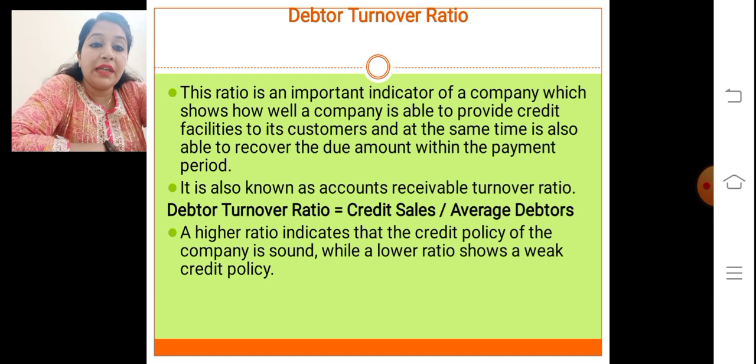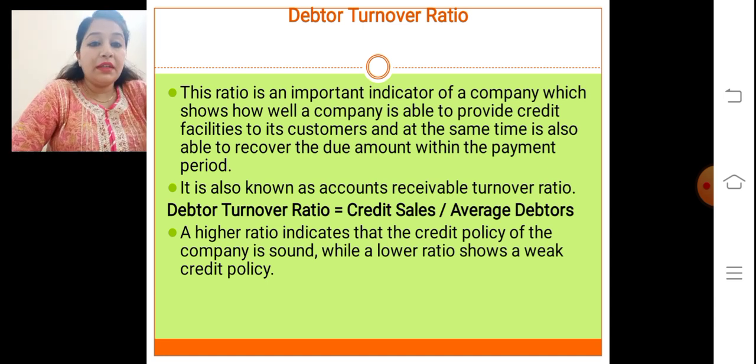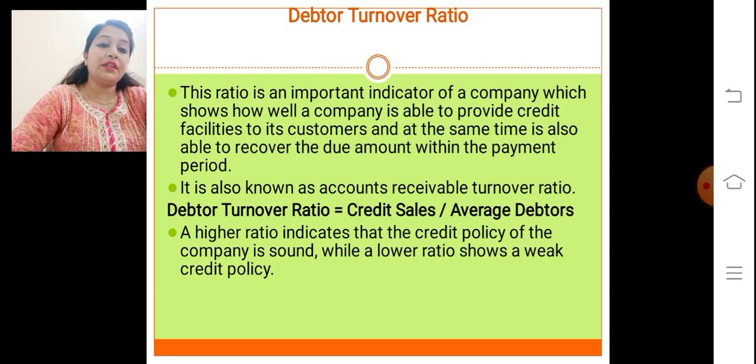Next ratio is debtor turnover ratio. This ratio is an important indicator of the company which shows how well the company is able to provide credit facilities to its customers, and at the same time it is also able to recover the due amount within the payment period.